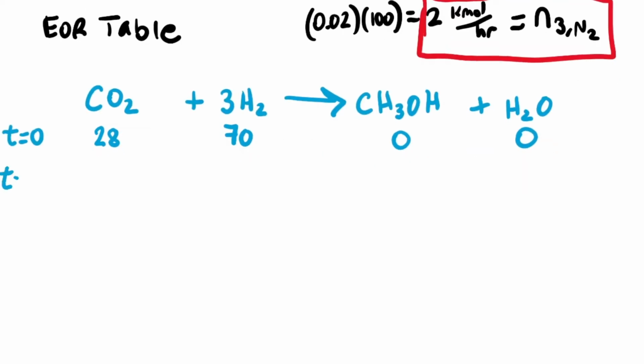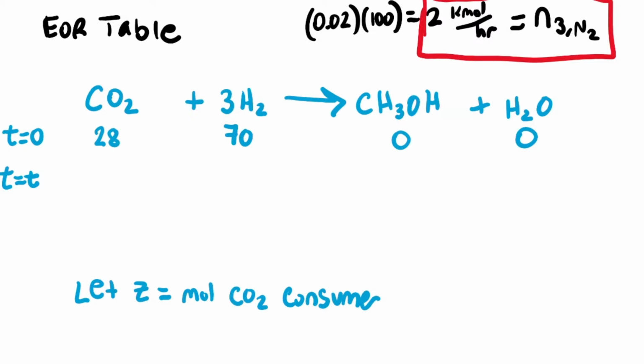Now at T equals T, we're going to use a variable to represent how much CO2 and hydrogen is consumed and how much methanol and water is generated. In this case, we're going to let Z equal moles CO2 consumed. Generally with any reaction, I don't want to confound my Z term with a coefficient.